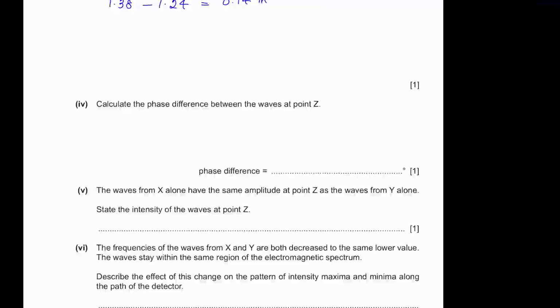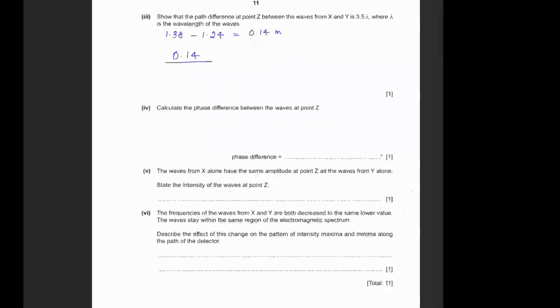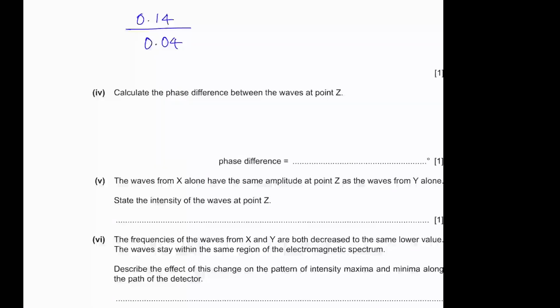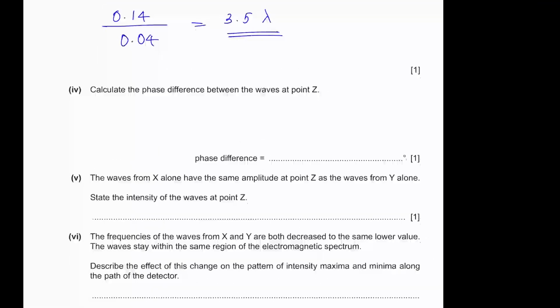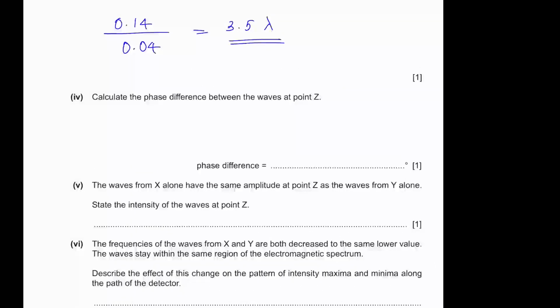To find the path difference in terms of lambda, you divide 0.14 meters by the wavelength, 0.04 meters. That is exactly 3.5 lambdas. That is the path difference. Okay, agree?